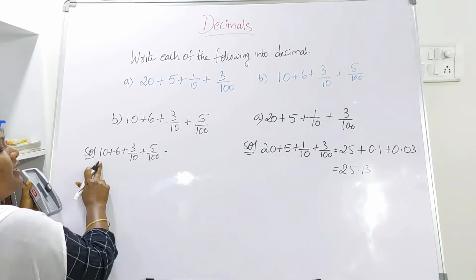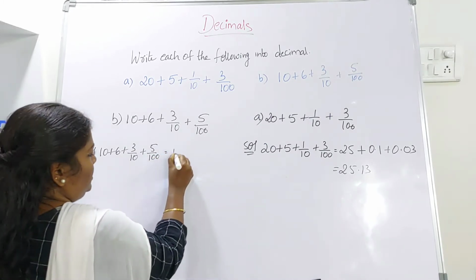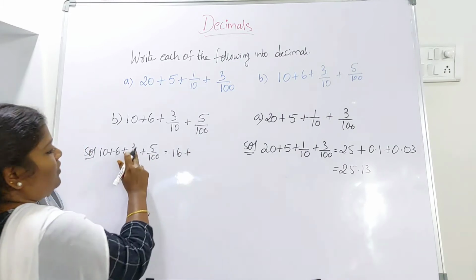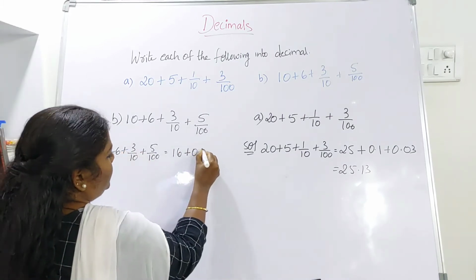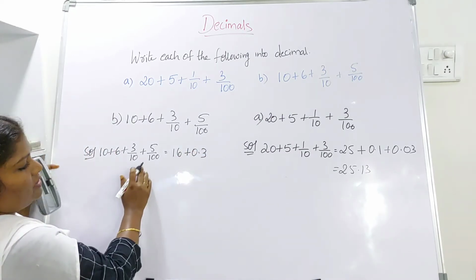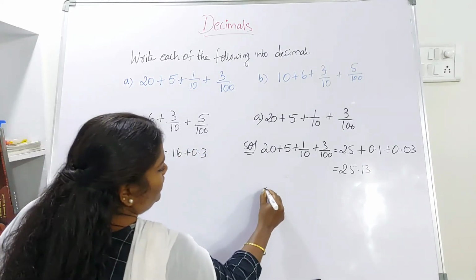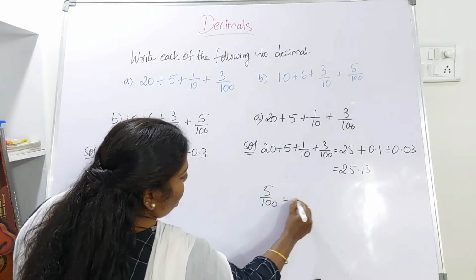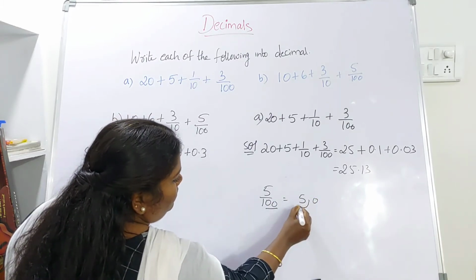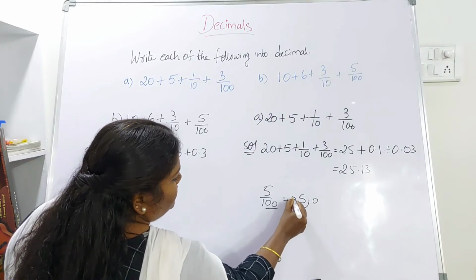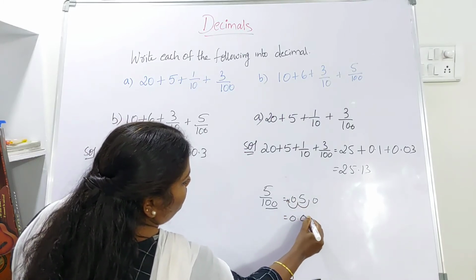So let's start. 10 plus 6 is 16 plus 3 by 10 is nothing but 0.3, as I've explained just before. Now 5 by 100 is nothing but it is 5, in the sense 5.0, 2 zeros, so the point will shift to 2 places, so it is 0.05.